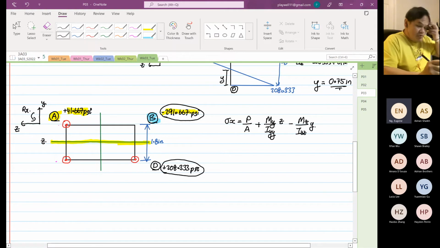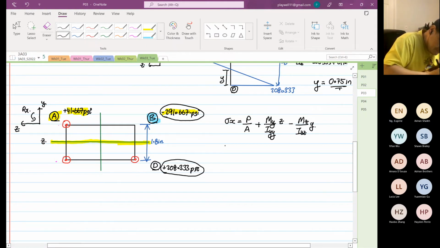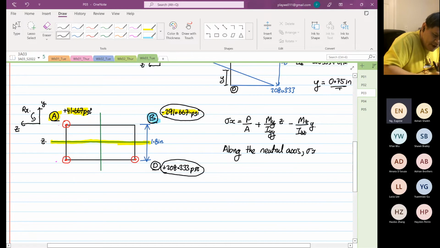Okay, so we are aware that along the neutral axis, stress X is equal to 0.